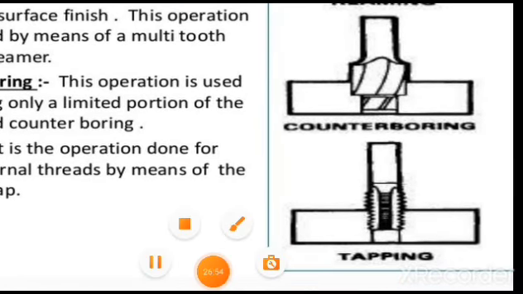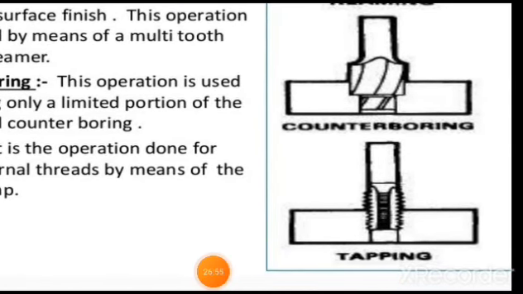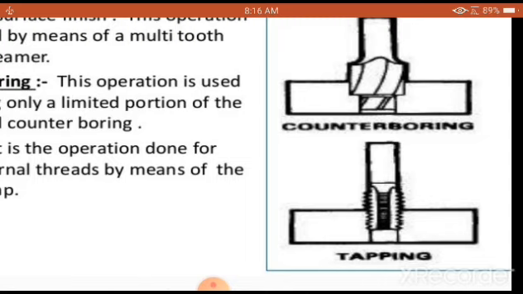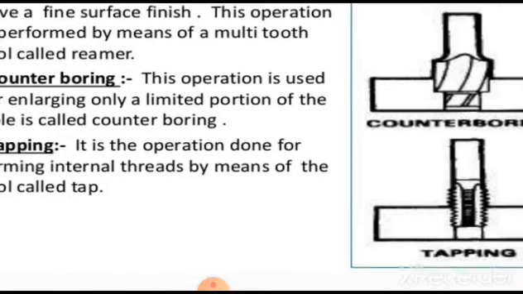As you are going to see here very clearly, this is called a tap. This tap has external threads of a required pitch, and the feed is given very slowly inside the hollow workpiece to produce the internal threads of the desired pitch.